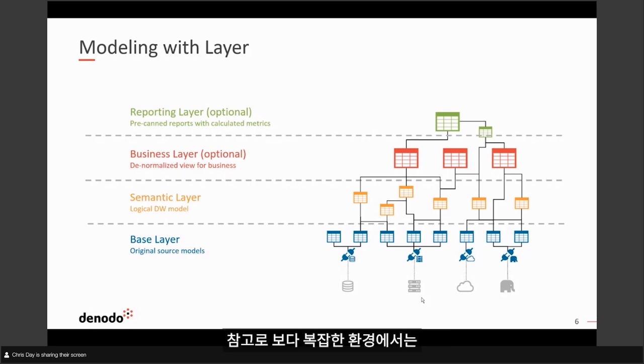But along the way, for a more complex environment, we might be building that semantic layer and those business layers. Each layer enriches, enhances, and adds value to the data along the way without having to copy that data from the source system. So let's get started.